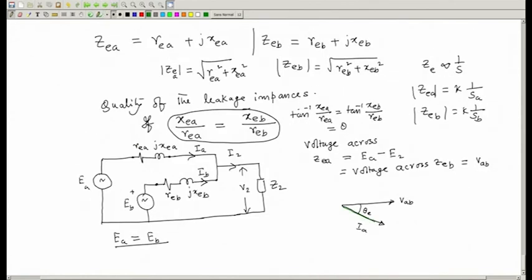So, this is your IB, I will clean it. This I will write as IB, and this one will be your IA.